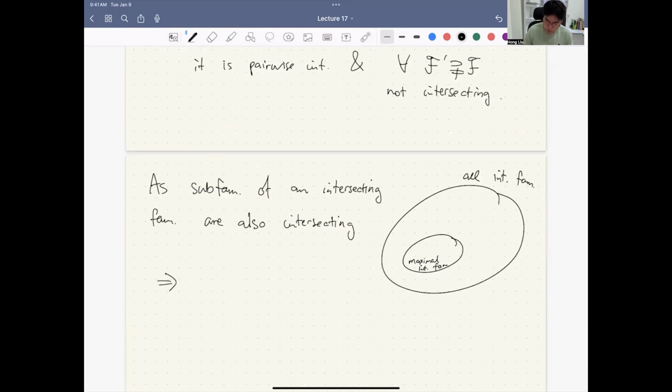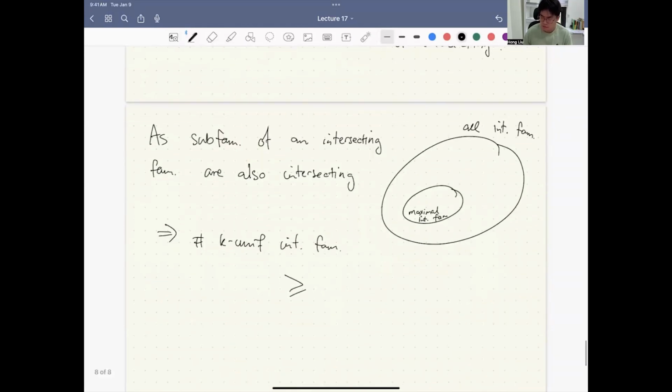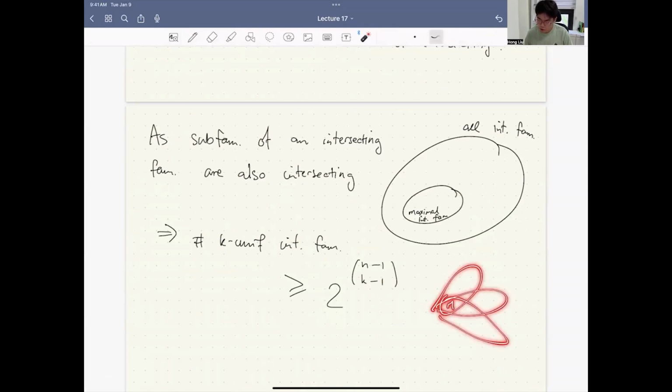Then we get that the number of k-uniform intersecting families is at least 2 to the n-1 choose k-1, trivially. You simply take a star containing element 1, and you take all subfamilies of it. The star is of this size, so the number of its subfamilies is 2 to that. All subfamilies of a star, for example.